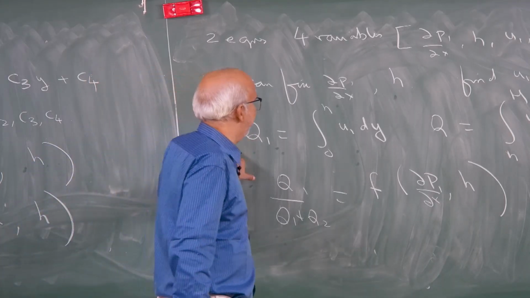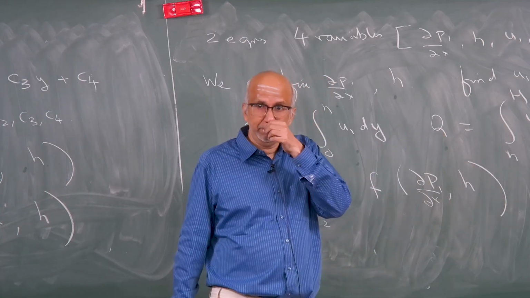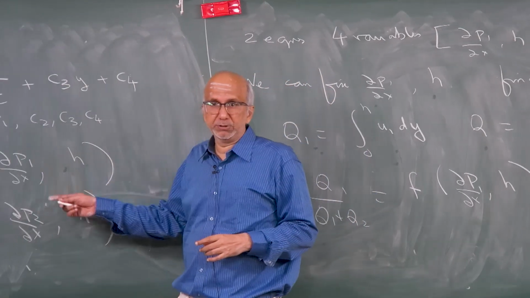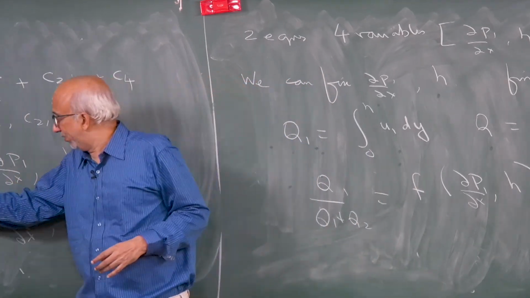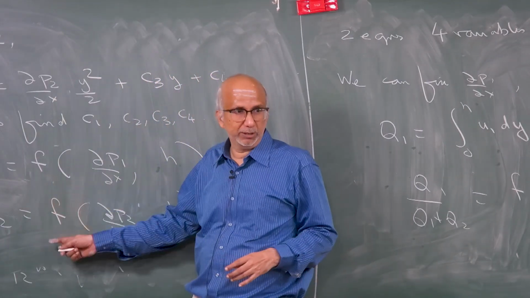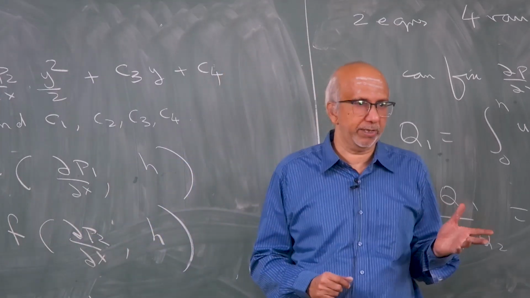Q1 and Q2 are given, and you will find what the interface position is. See, I told you the 2 equations and 4 unknowns. So, you will fix Q1 and Q2, integrate these equations, find small h and pressure gradient, okay.